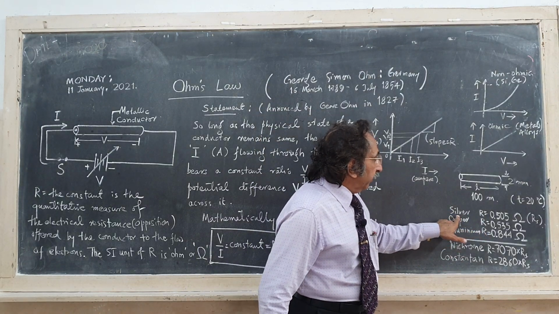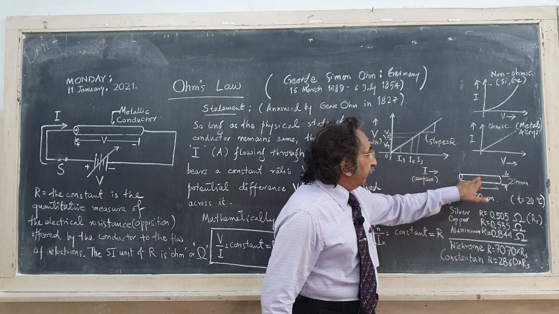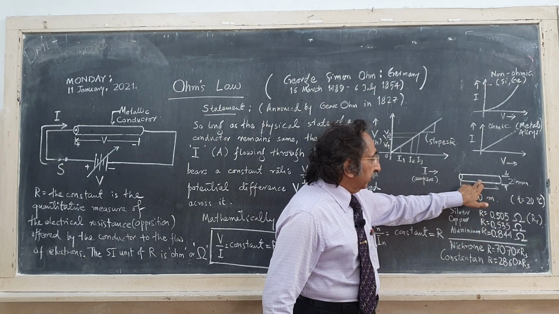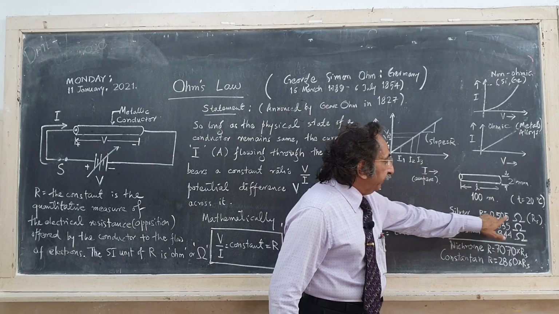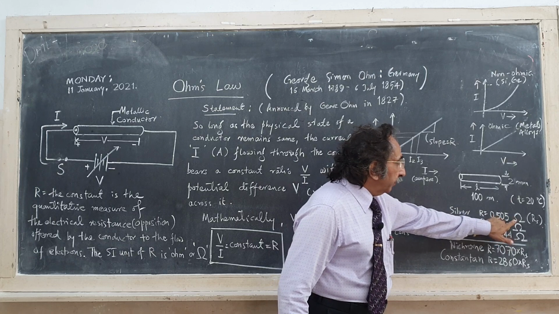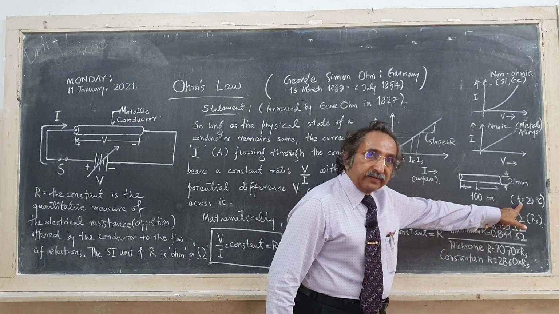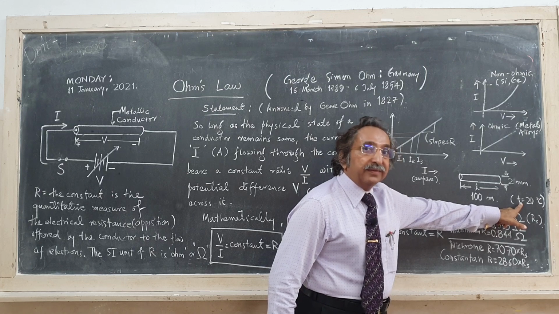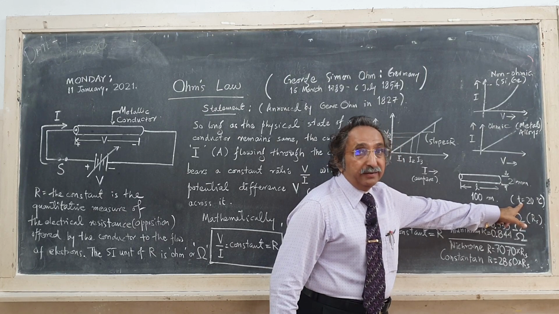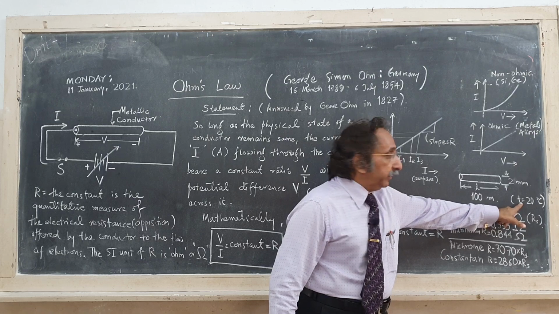For silver, the resistance of a wire having this dimension will be 0.505 ohm at 20 degrees. All these standard measurements are carried out at 20 degrees Celsius, which is an international standard for measurement.